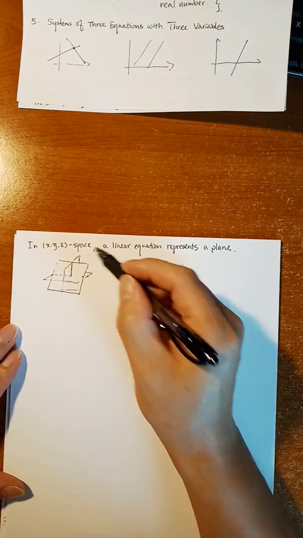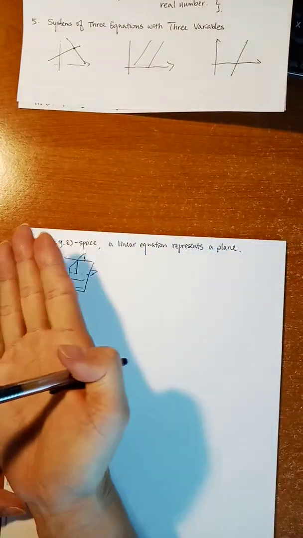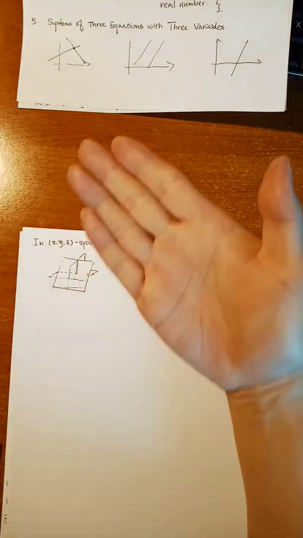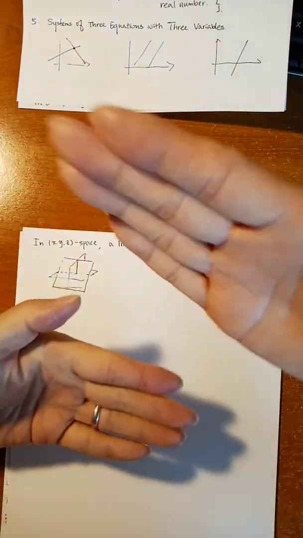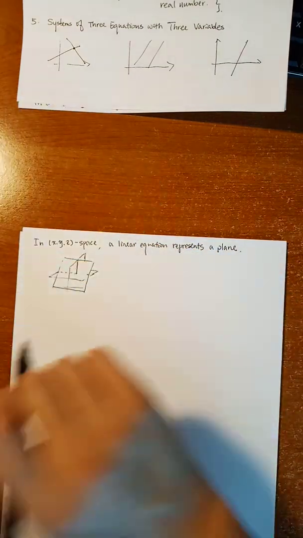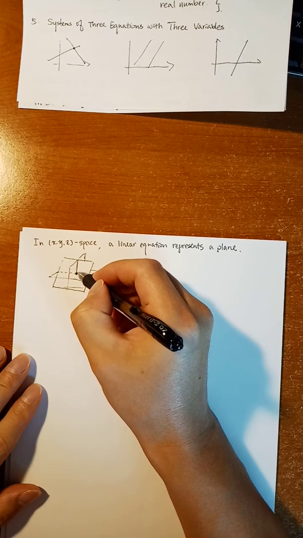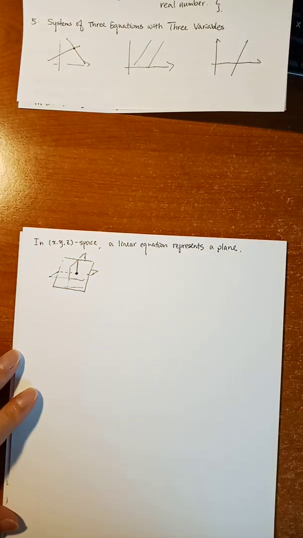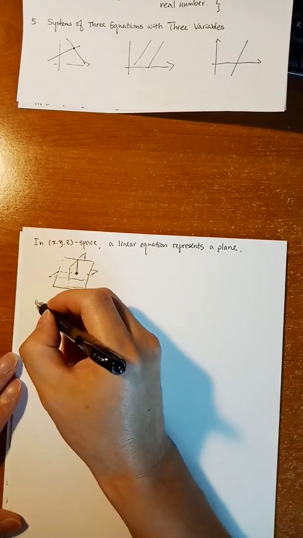So if you have three planes, you have one horizontal, the other one is slant, and the other one is vertical. You have a horizontal plane, a slant plane, and a vertical plane. Then they will intersect at a single point.